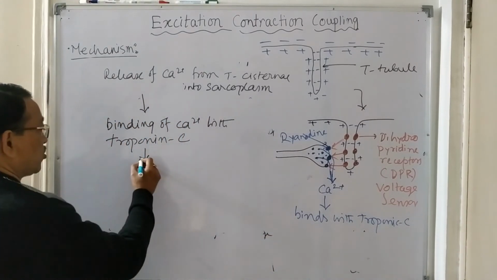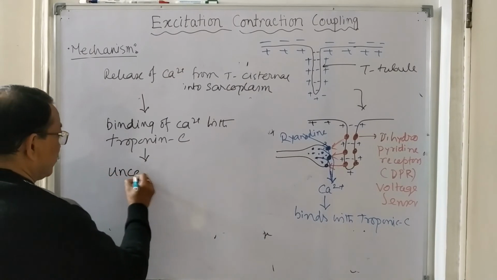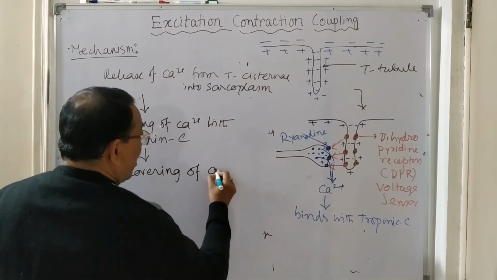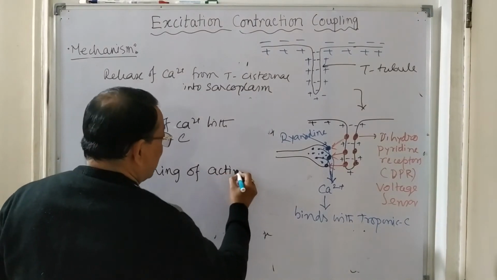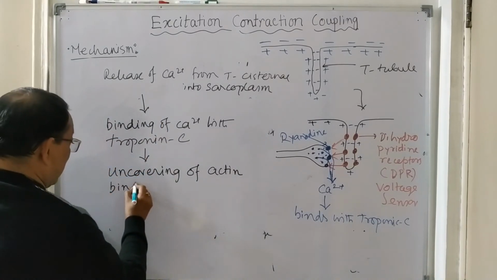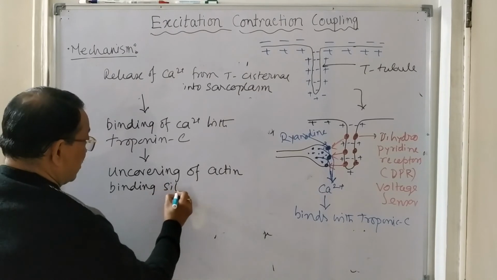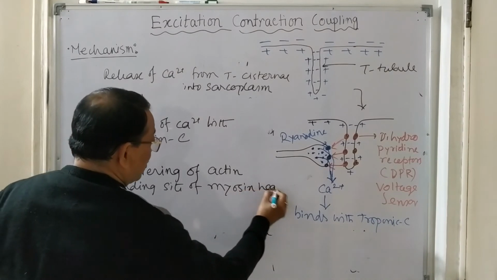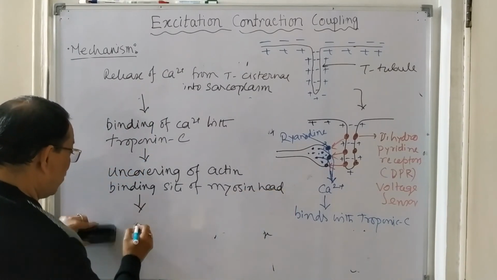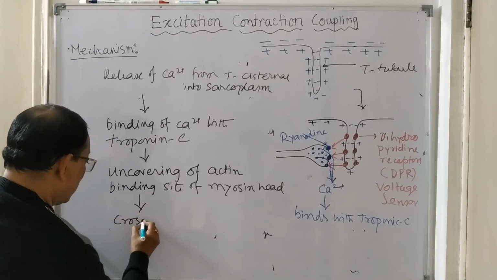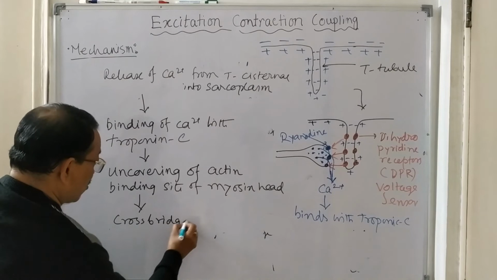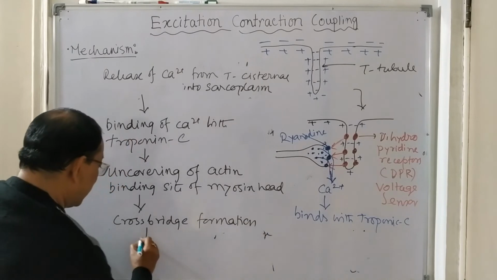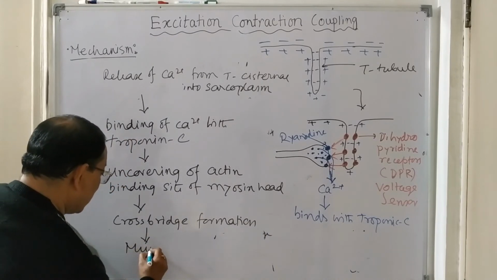This is responsible for uncovering the actin binding site of the myosin head, and this is ultimately responsible for cross bridge formation, or actin myosin complex formation, and this is responsible for muscle contraction.